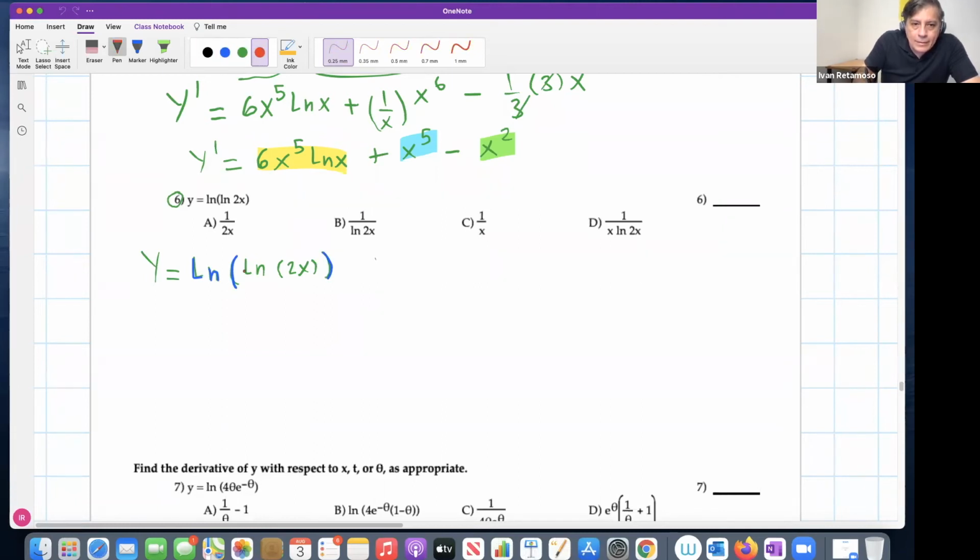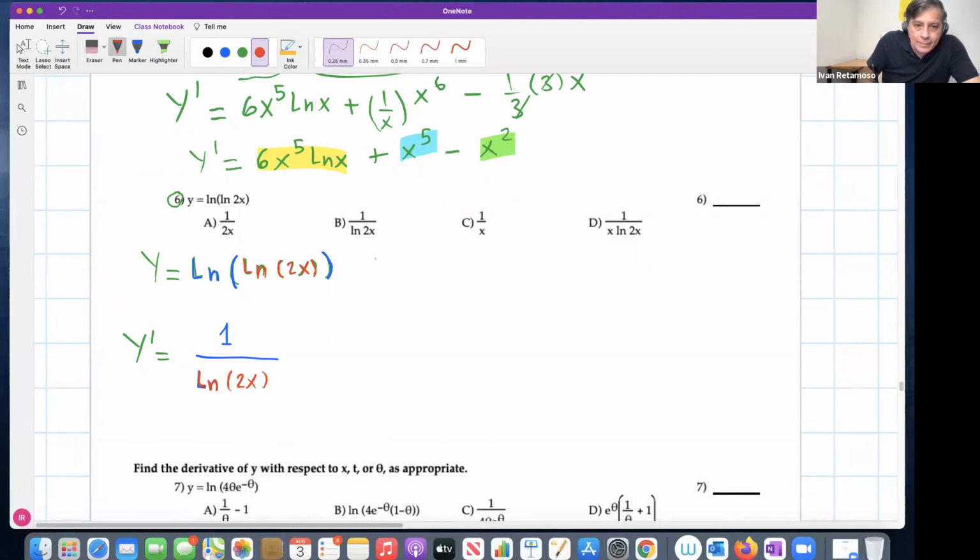This is just the inside function. So I start by taking the derivative of the outermost function, which is this natural log. The derivative of that is 1 over whatever is inside the log, called the argument of the log. Whatever is inside the log is this. Let me write it in red.